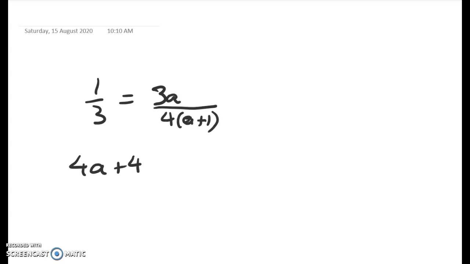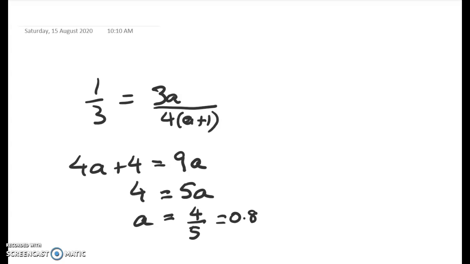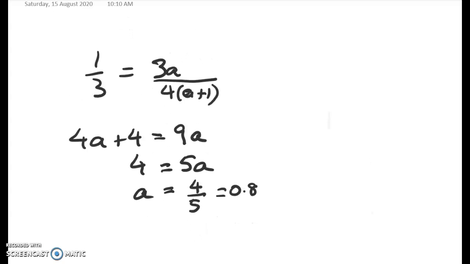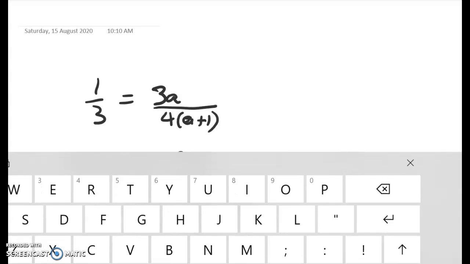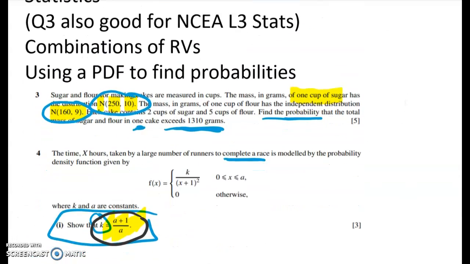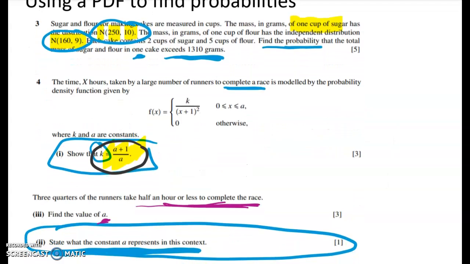4a plus 4 is equal to 9a. 4 is equal to 5a, and a is equal to 4/5, or 0.8. So the most time taken by the runners is, this is in terms of hours, I think. Let's just check. Yep, it's a number of hours.